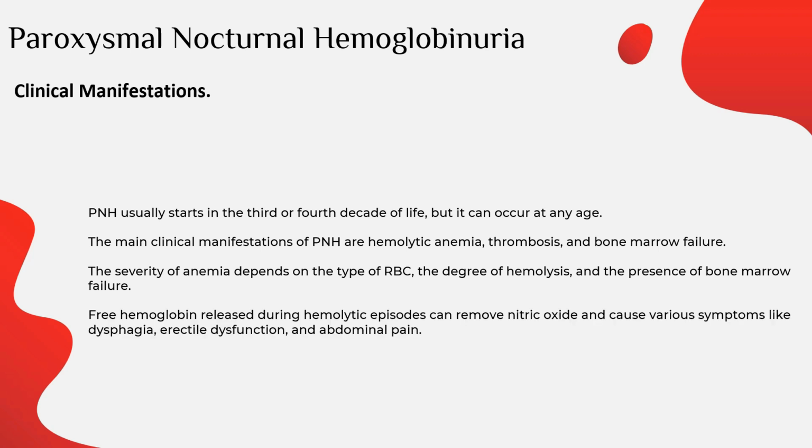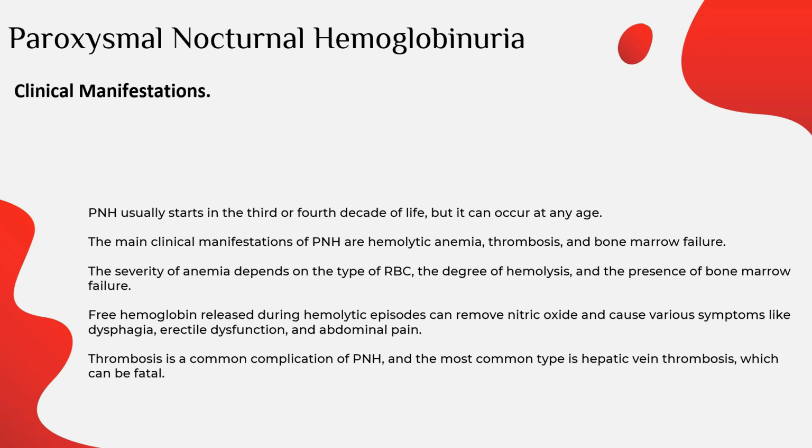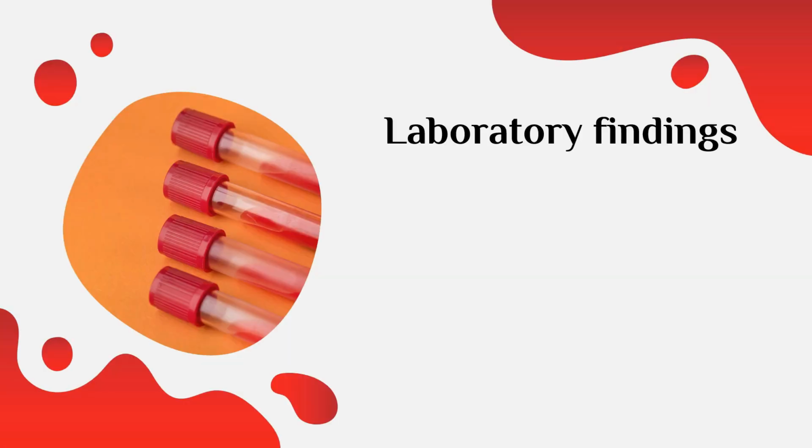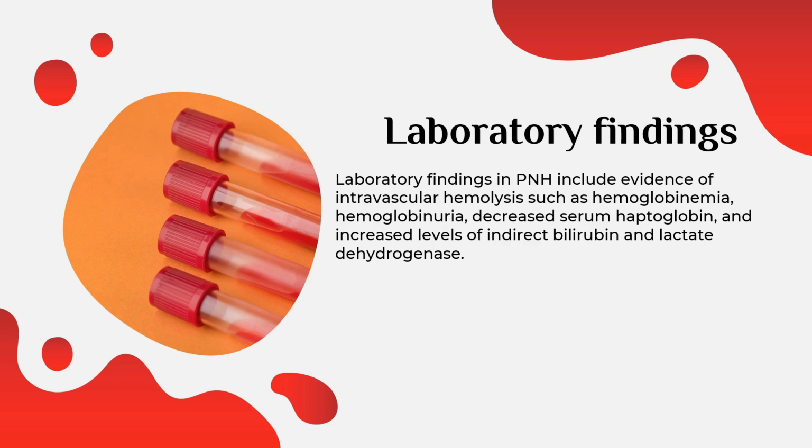Free hemoglobin released during hemolytic episodes can remove nitric oxide and cause various symptoms like dysphagia, erectile dysfunction, and abdominal pain. Thrombosis is a common complication of PNH, and the most common type is hepatic vein thrombosis, which can be fatal.